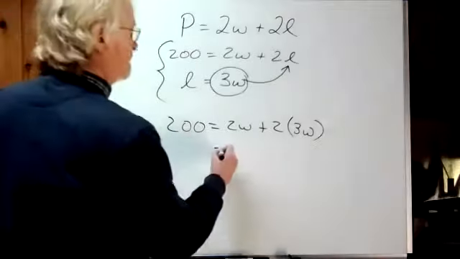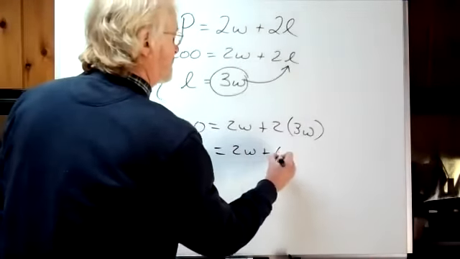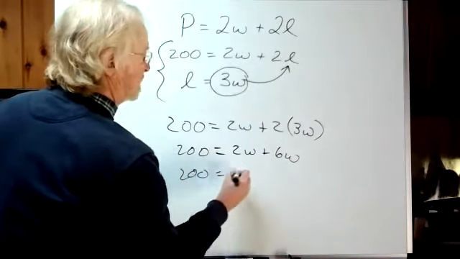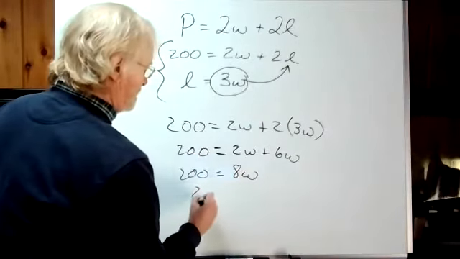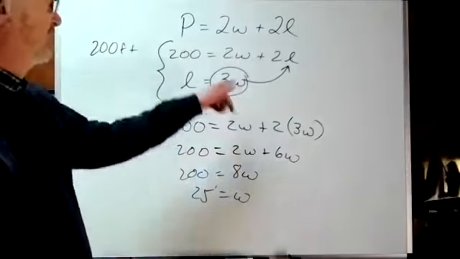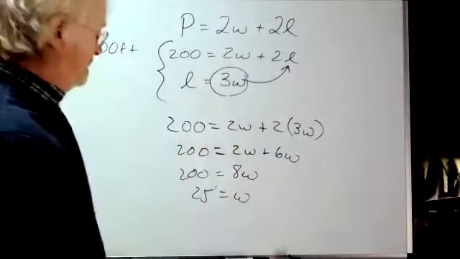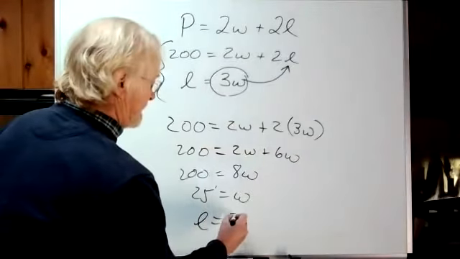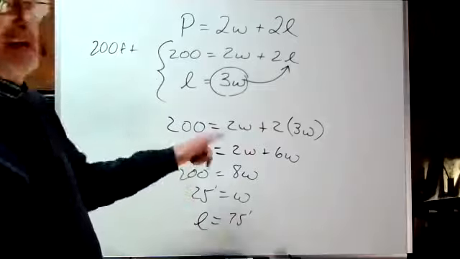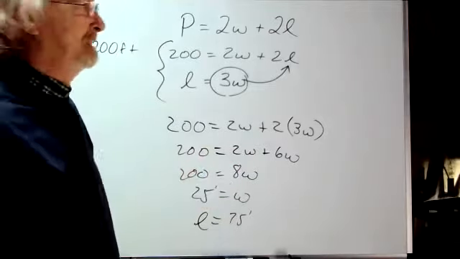Now from here, we solved it and said, okay, 8W, so the width must be 25 feet. And from that, we figure out the length. 3 times that would have been 75 feet. So we still want those numbers, right? X and Y, point.